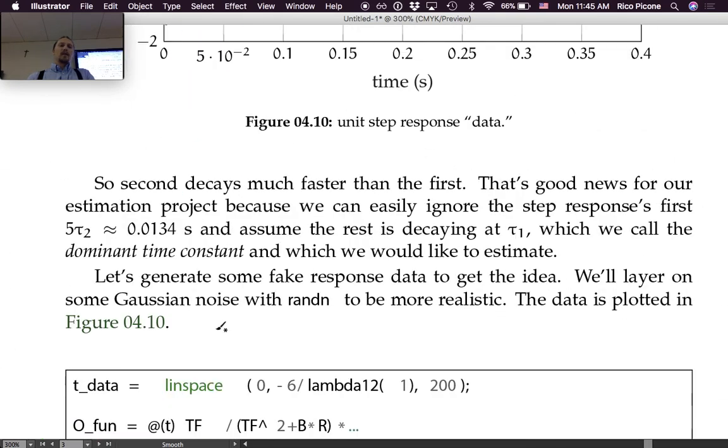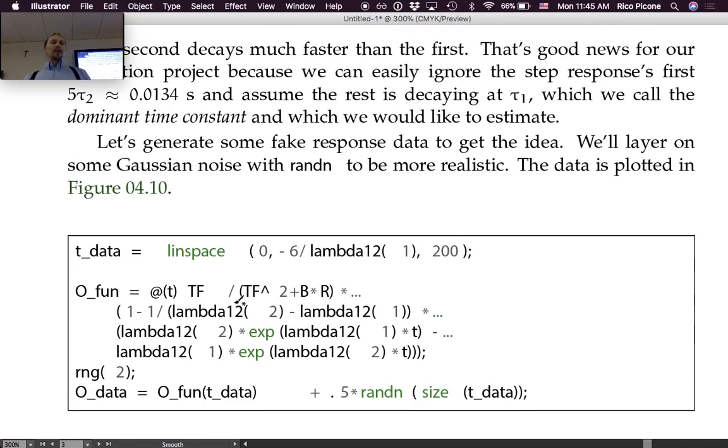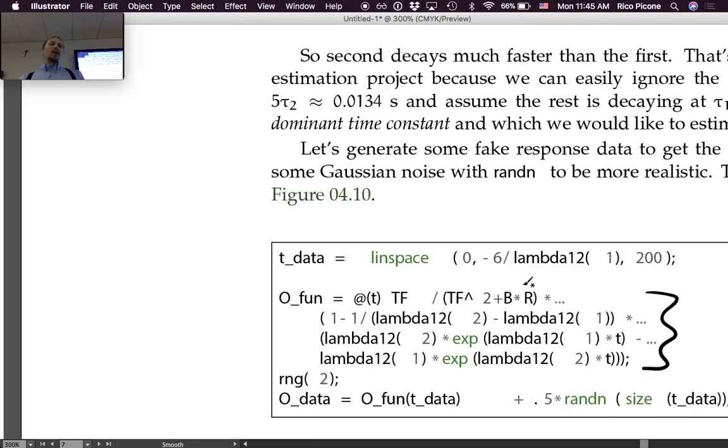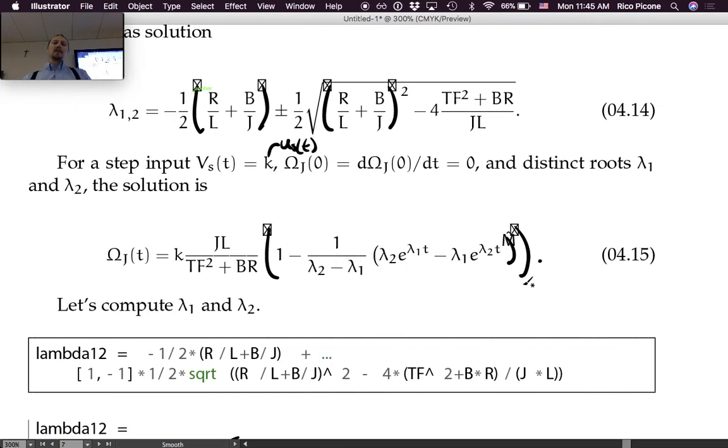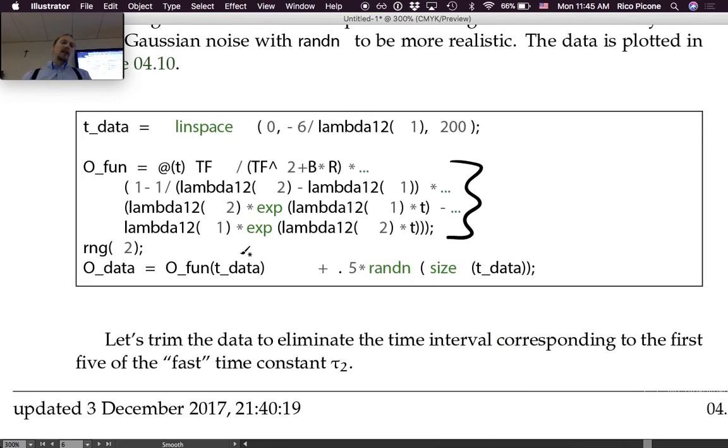There we go. So let's generate some fake response data to get the idea. We'll layer on some Gaussian noise with randn to be more realistic. So I take our analytic expression for the solution, which is equation 4.15, and I evaluate that at a bunch of different time steps.